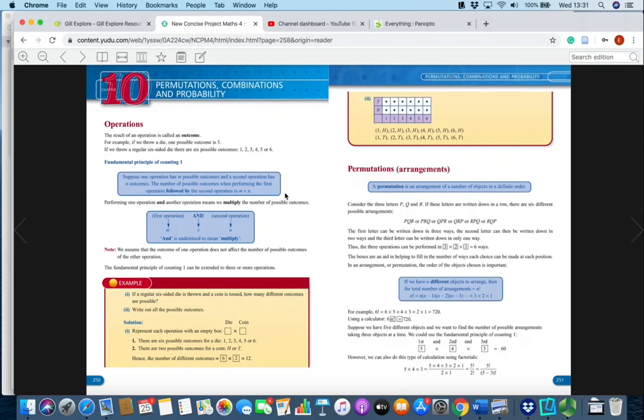So that leads me on to the fundamental principle of counting, which you must actually know the definition of. I have seen exam papers ask, what is the fundamental principle of counting? And the answer to that is the following definition.